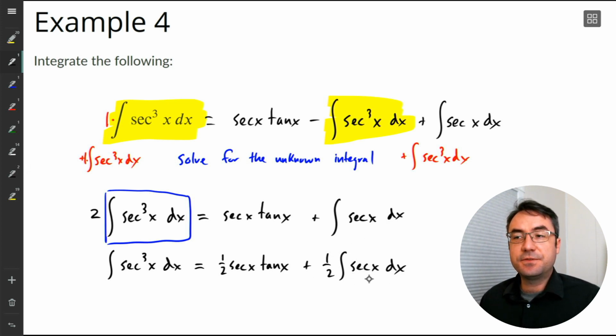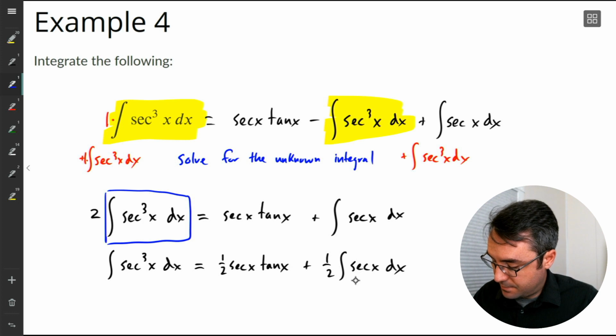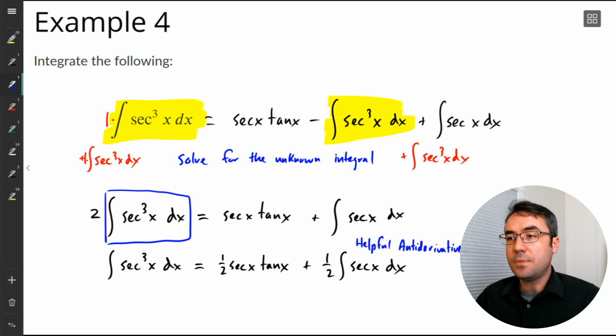And the integral of secant x, that's one of our helpful ones. So this is one of our helpful antiderivatives. Sometimes if you do integration by parts enough, you'll take this higher power of secant, and eventually you'll work your way down so that you end up with just an integral of secant.